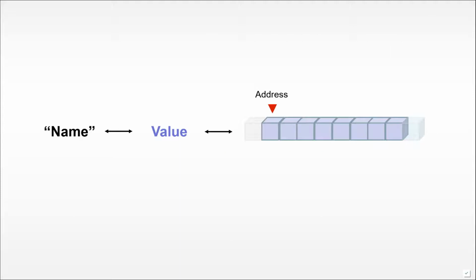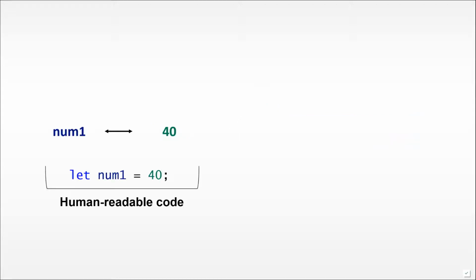We have spent a fair bit of time discussing the relationship between a name, such as an identifier, and a value, and then how all of this gets converted to an address in memory, and then a series of bits which are stored, which is where the value is kept in memory. So if we have some human readable code, let num1 equal to 40, in this case we are assigning both a name and a value to a variable.